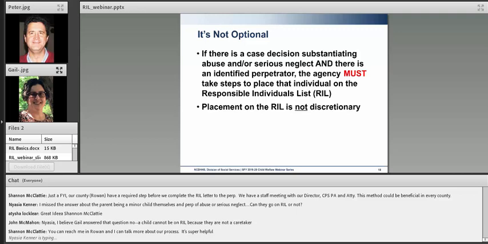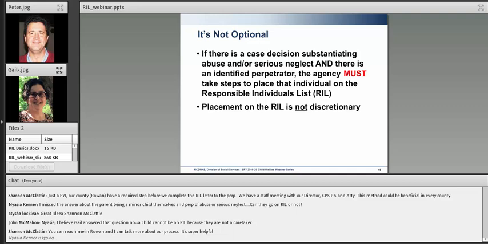And then 7B320: after the completion of an investigative assessment response that results in a determination of abuse or serious neglect and the identification of a responsible individual, the director shall personally deliver written notice of the determination to the identified individual in an expeditious manner.